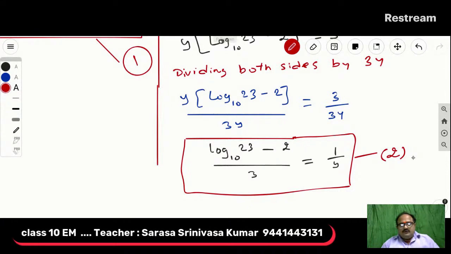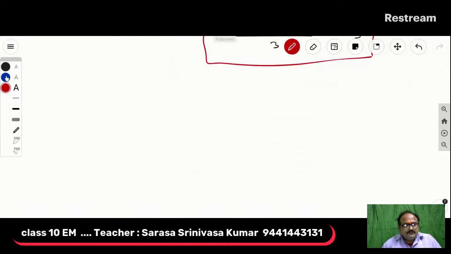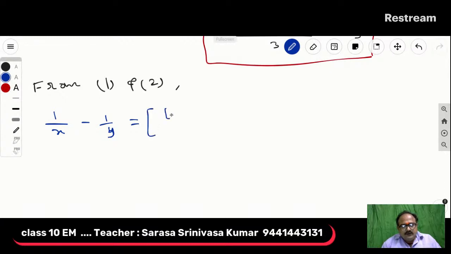So from 1 and 2, we write now 1 by x minus 1 by y. Equal to 1 by x, its value is log 23 base 10 minus 1 by 3, minus 1 by y.